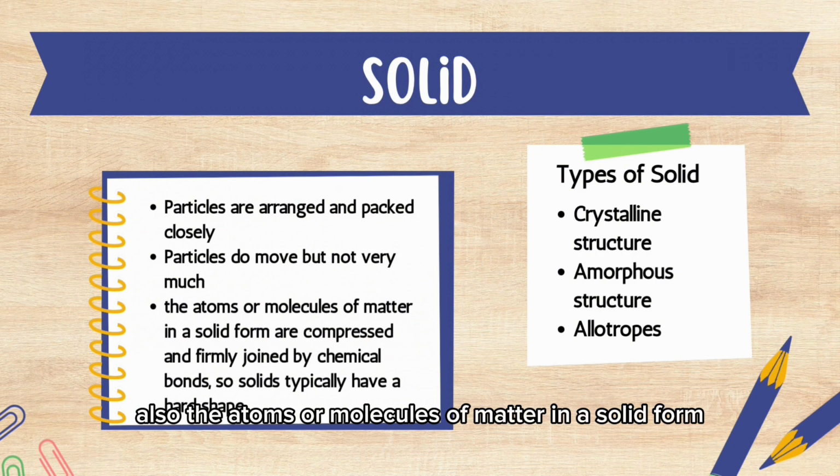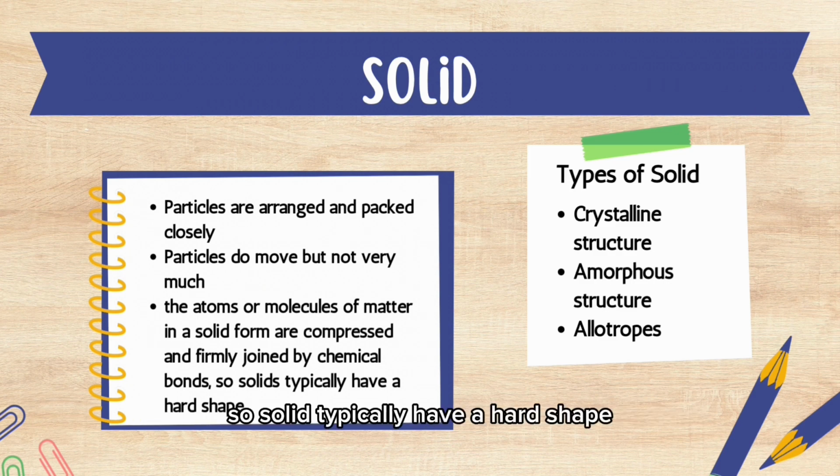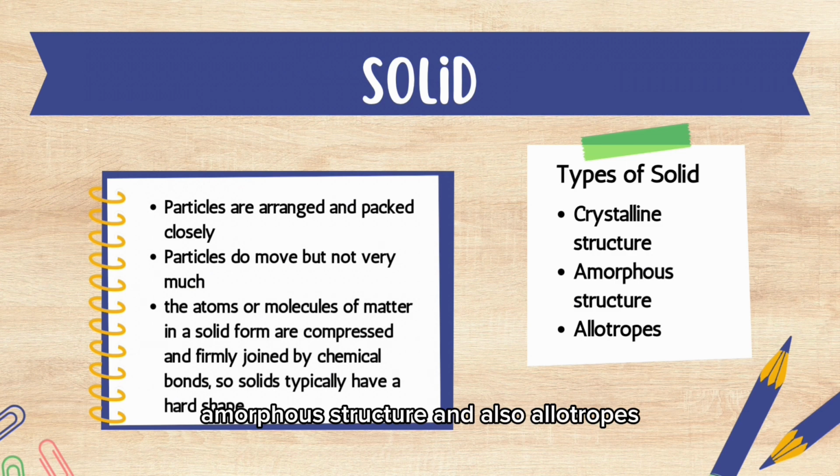Also, the atoms or molecules of matter in a solid form are compressed and firmly joined by chemical bonds. So solid typically have a hard shape. And for your additional information, solid have three types, which is crystalline structure, amorphous structure, and also allotropes.